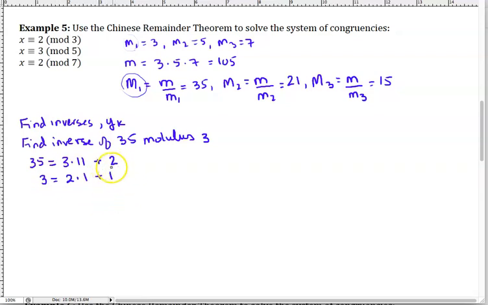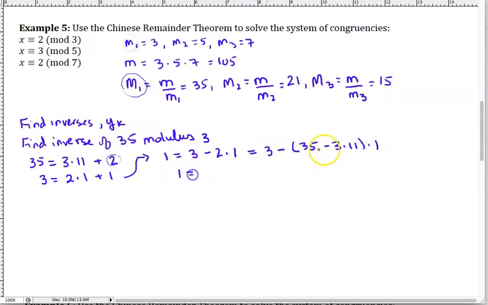The remainder of 1 means the GCD is 1. Then we solve for this: 1 equals 3 minus 2 times 1. Plug in for 2 from here, so it's 3 minus (35 minus 3 times 11) times 1.